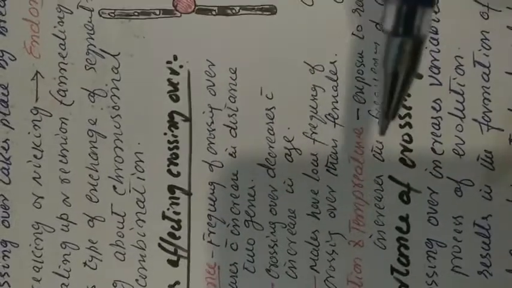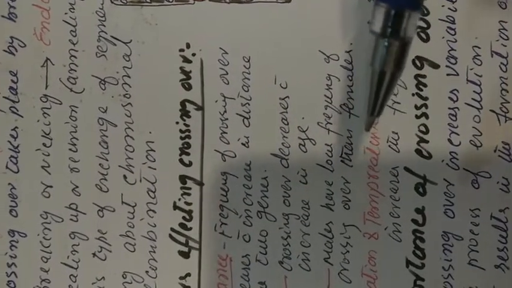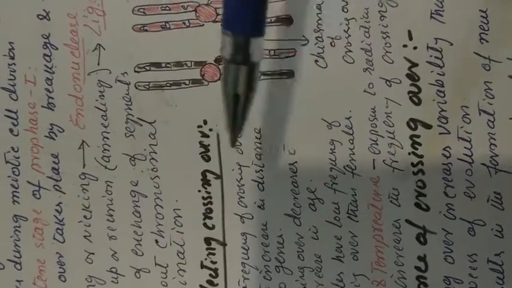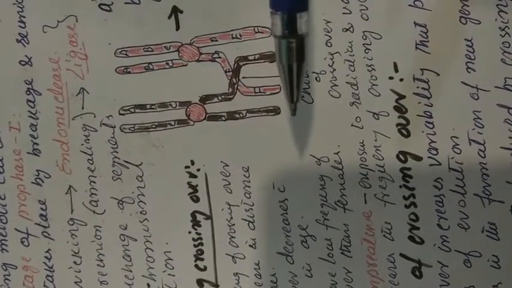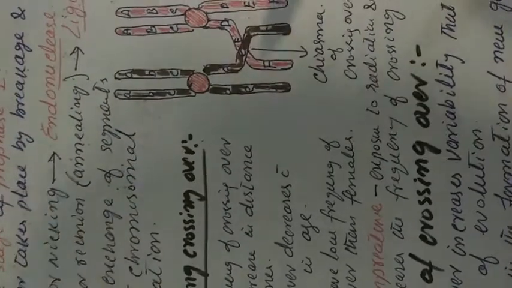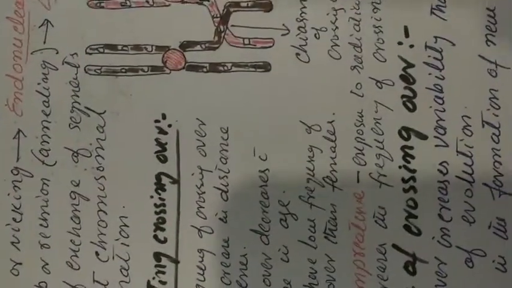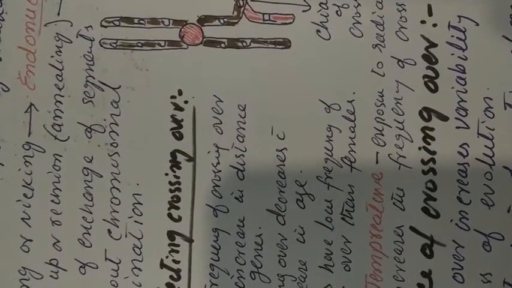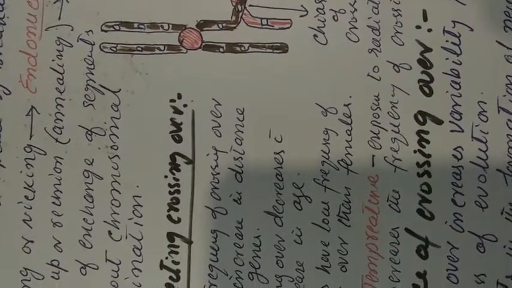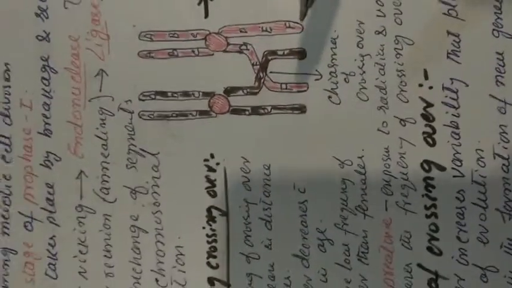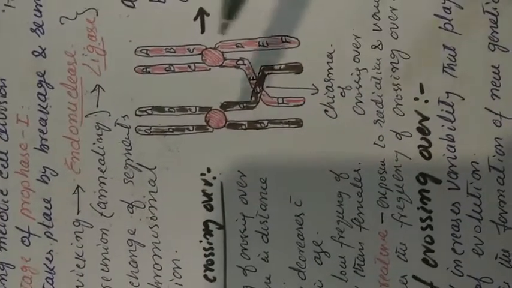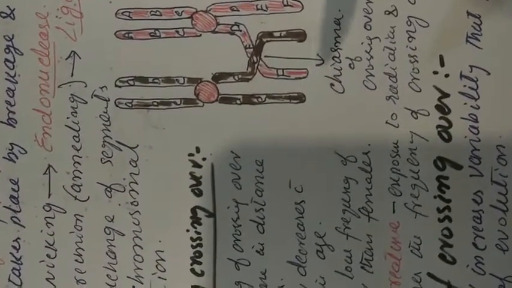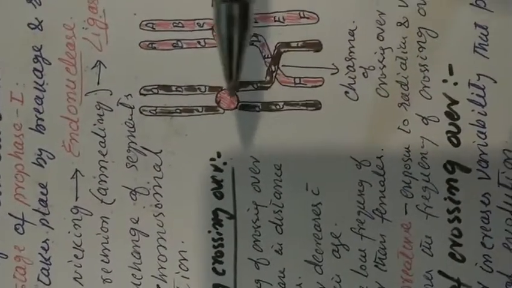Now, radiation and temperature are another two important factors which affect the crossing over. For example, exposure to radiations like X-rays, ultraviolet radiations, and also variations in temperature increases the frequency of crossing over. Now, this was about the factors that affect the process of crossing over.